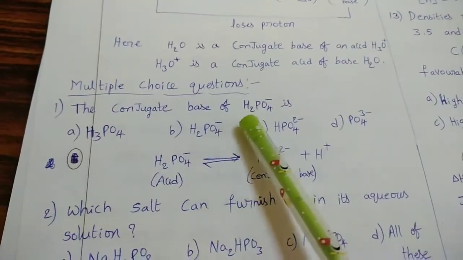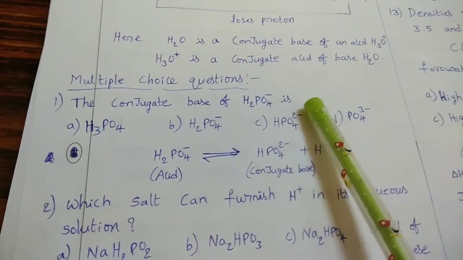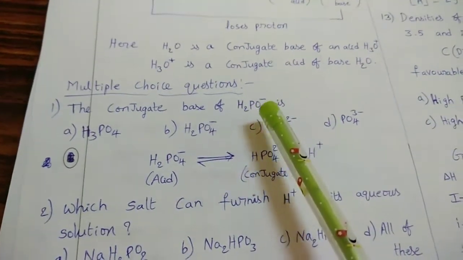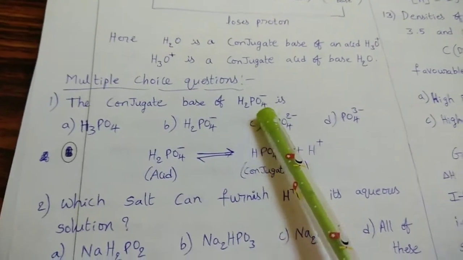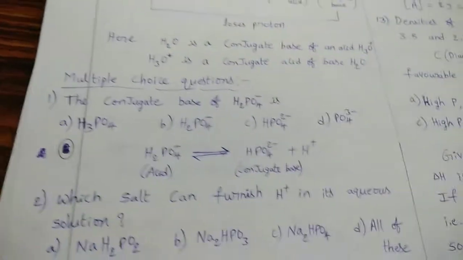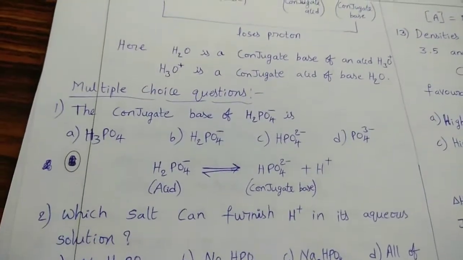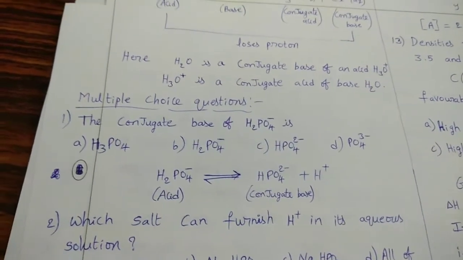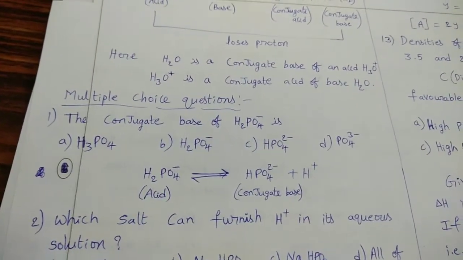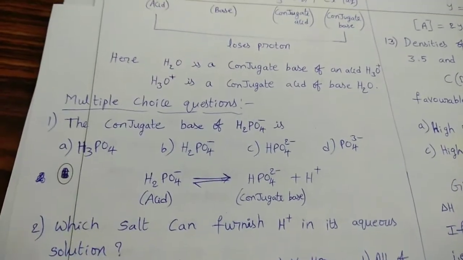The conjugate base of H2PO4 minus is. We want the conjugate base. Does this H2PO4 minus act as an acid or not? Yes, H2PO4 minus acts as an acid. Acid means it can donate a proton.